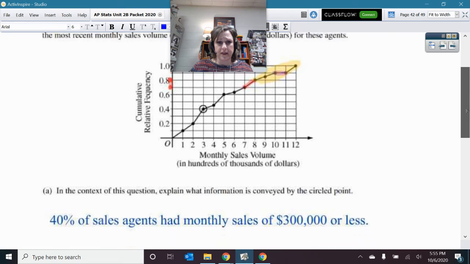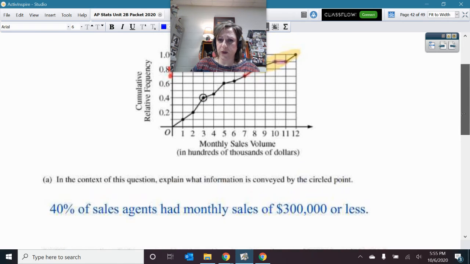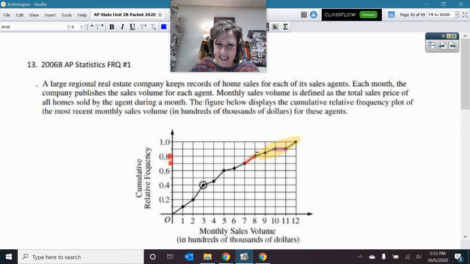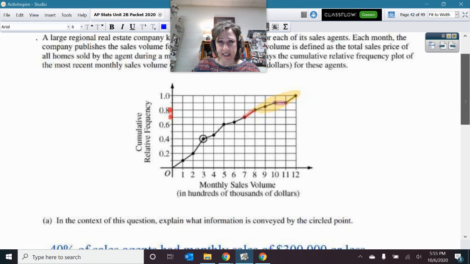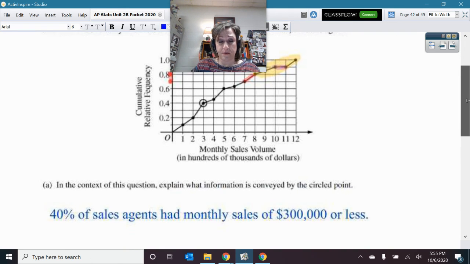Next, what proportion of the sales agents achieved a monthly sales between 700 and 800,000? So that's this little section right here. If I follow over here, that's from point 7 to point 8. So that is 10% of sales agents sold between $700,000 and $800,000 in monthly sales.